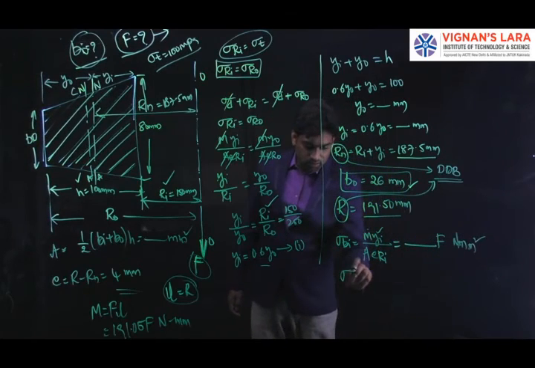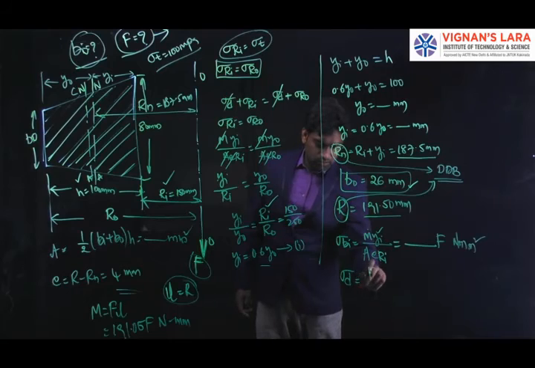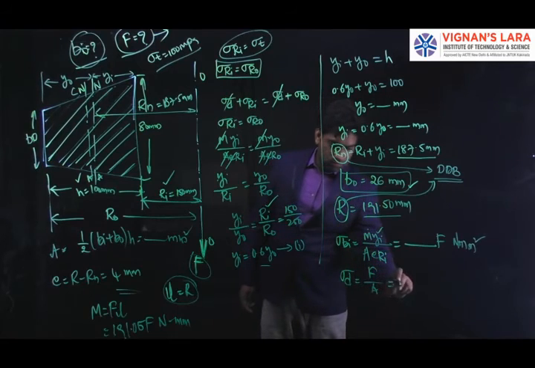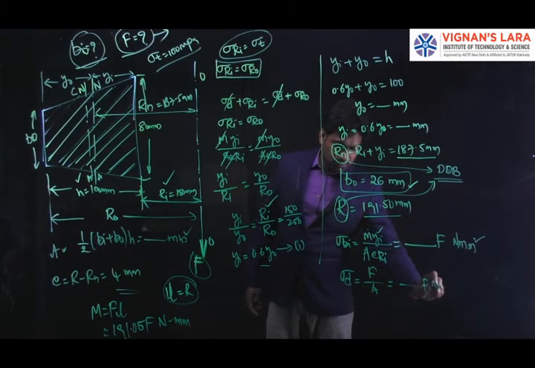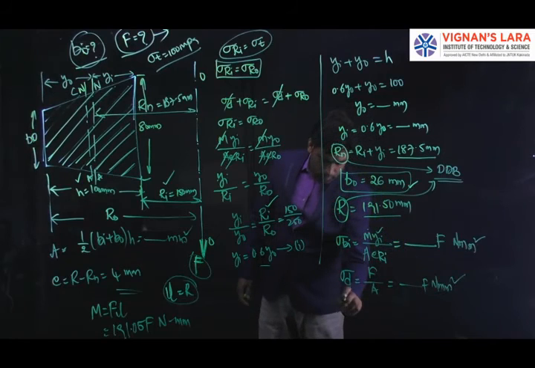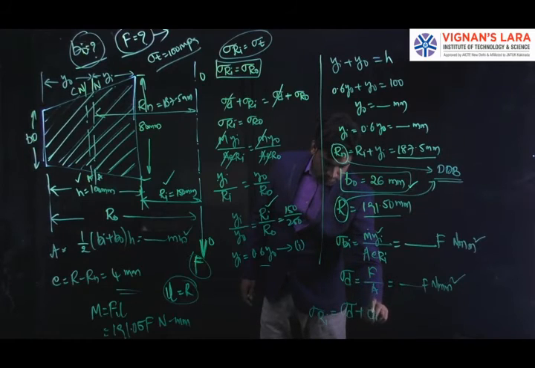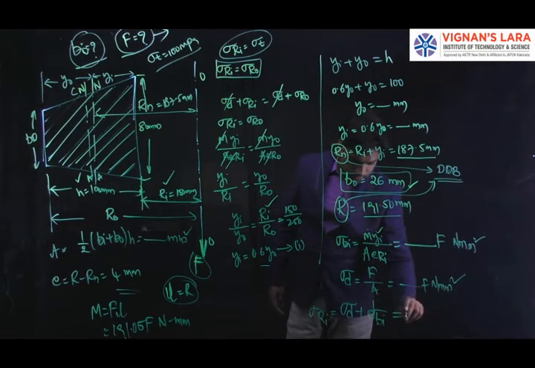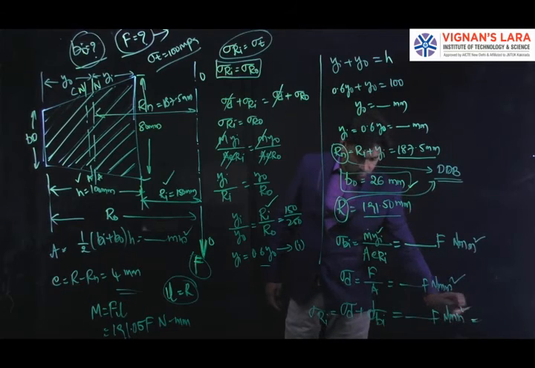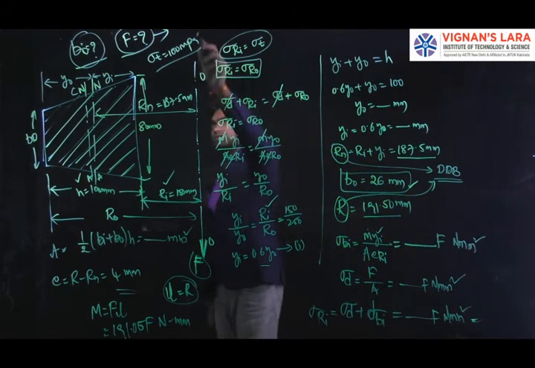Similarly, you also need to find out the direct stress, load by area. This may also be in terms of F, and you can get sigma Ri, sigma d plus sigma bi, and these should be in terms of F Newton per mm square, and these should be equated to the permissible stress value.